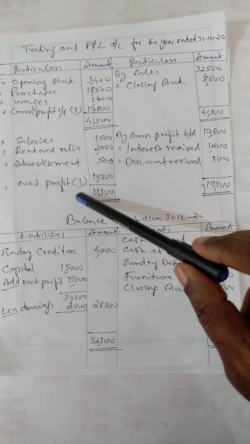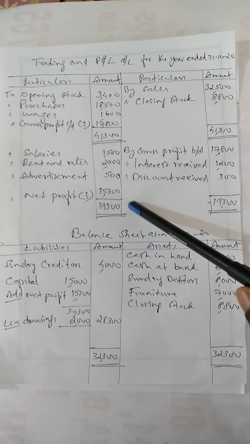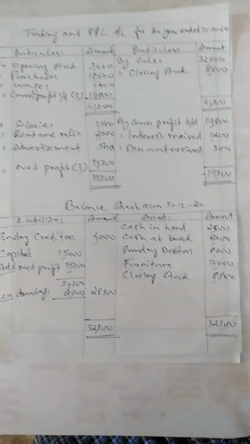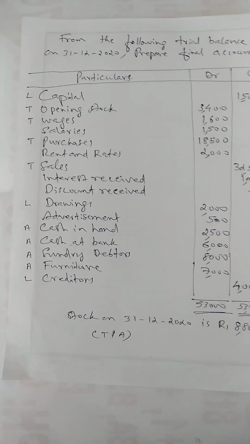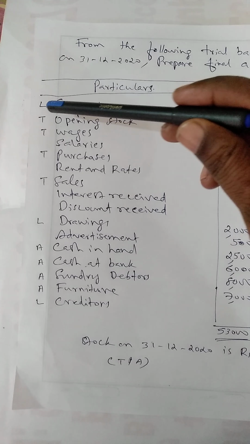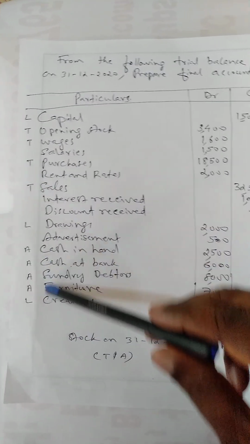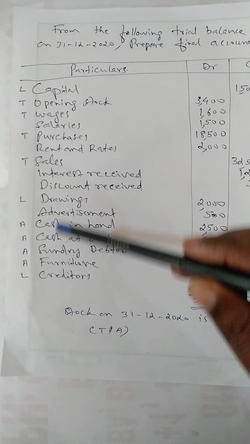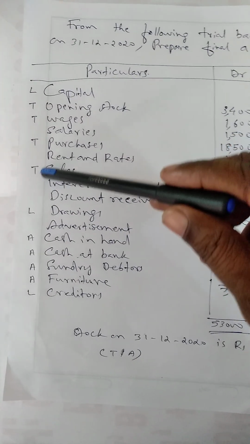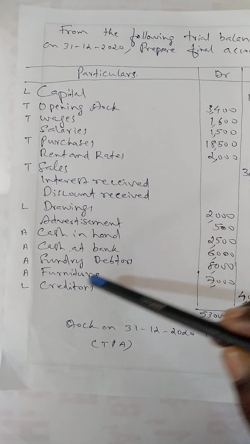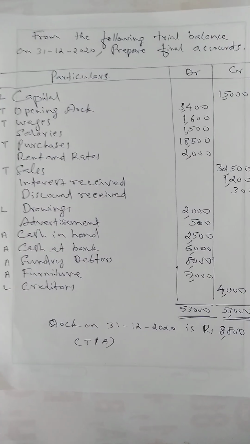Okay, after finding this net profit, we prepare the balance sheet. Now come to this balance sheet. We already marked the items to be shown on the liability side as L and asset side as A. Okay, the asset side items, marked as A: cash in hand, cash at bank, sundry debtors and furniture. These are shown on the asset side.